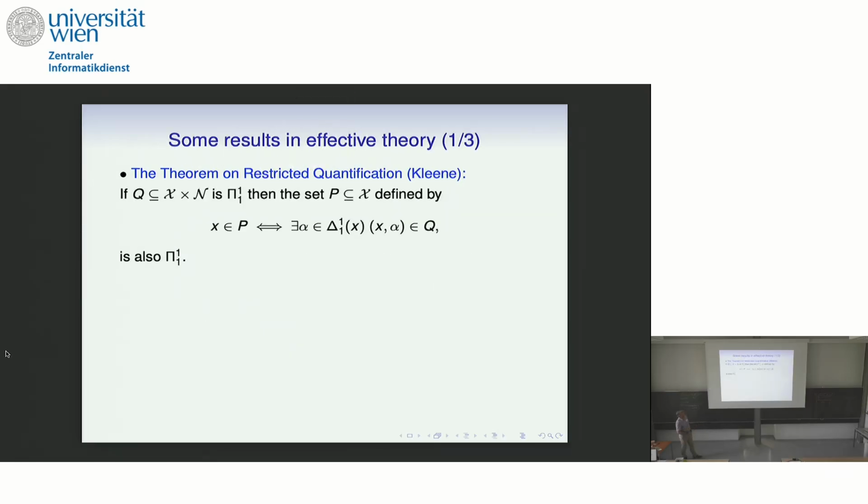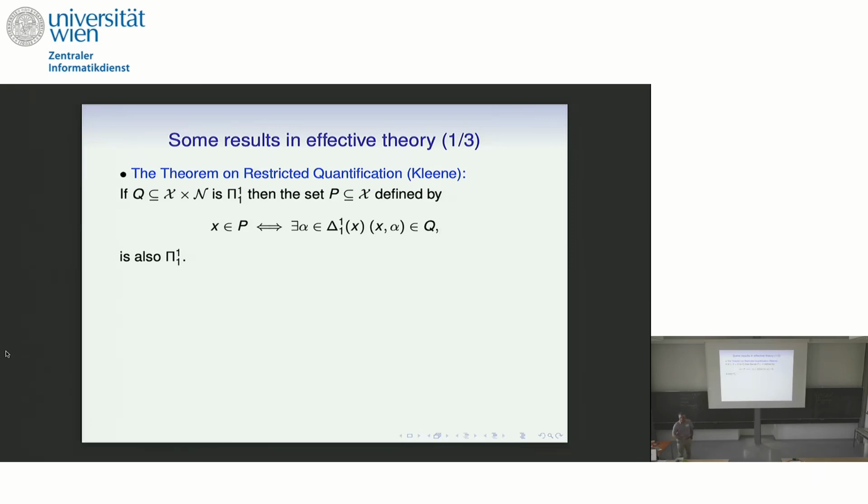Okay, so some basic results is the theorem of restrictive quantification in effective theory. If I have a pi 1,1 set, and I take the set of all x's for which there's actually a hyperarithmetic in x witness, this is also pi 1,1.